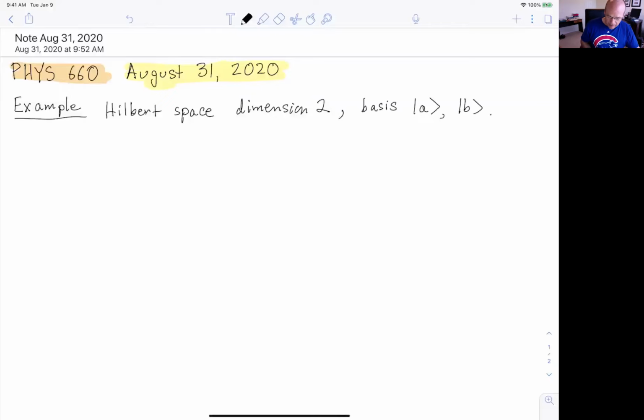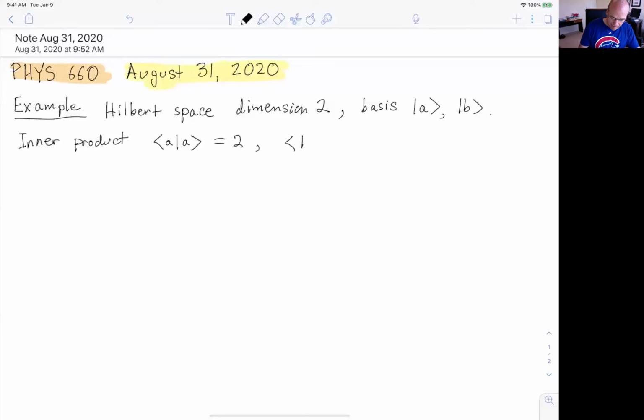Okay, and now because it's a Hilbert space, that means it has an inner product. And so I'm going to tell you what the inner product is, just by listing all the possible non-zero inner products. So the inner product of the basis element A with itself, I'm going to tell you is 2.